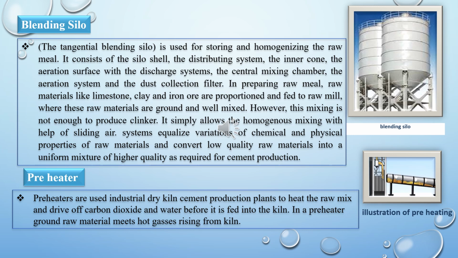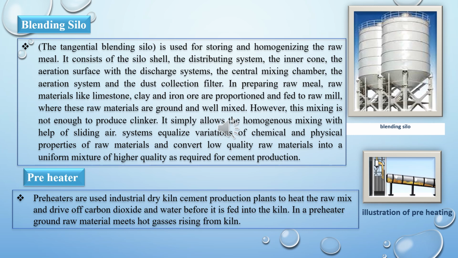In preparing raw meal, the raw materials like limestone, clay and iron ore are proportioned and fed to the raw mill, where these raw materials are ground and well mixed. However, this mixing is not enough to produce clinker.